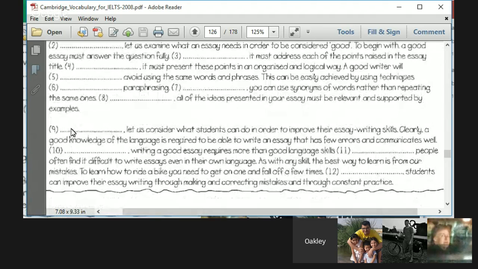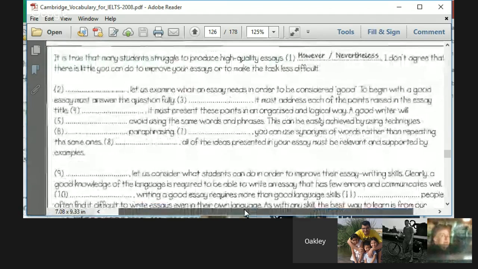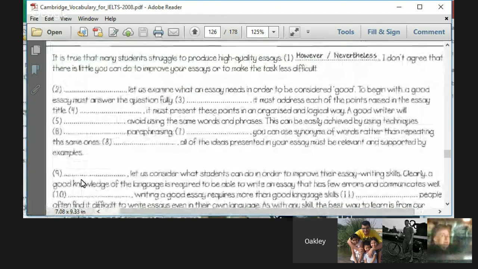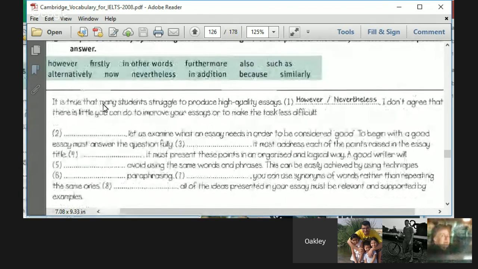All right, Nasser, number 9, and I'll scroll up if you need to look at the next paragraph. Let us consider what students can do in order to improve their essay writing skills. Okay, new paragraph.